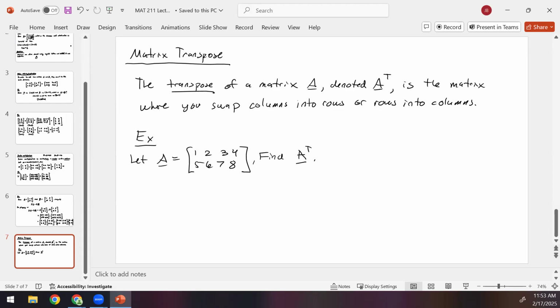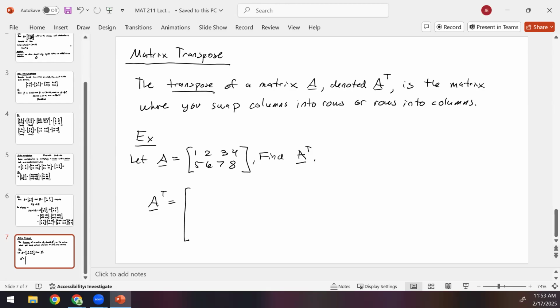Let's find the transpose of A, okay? I'm a row into column person. But some people like to do columns into rows. It's a personal preference.